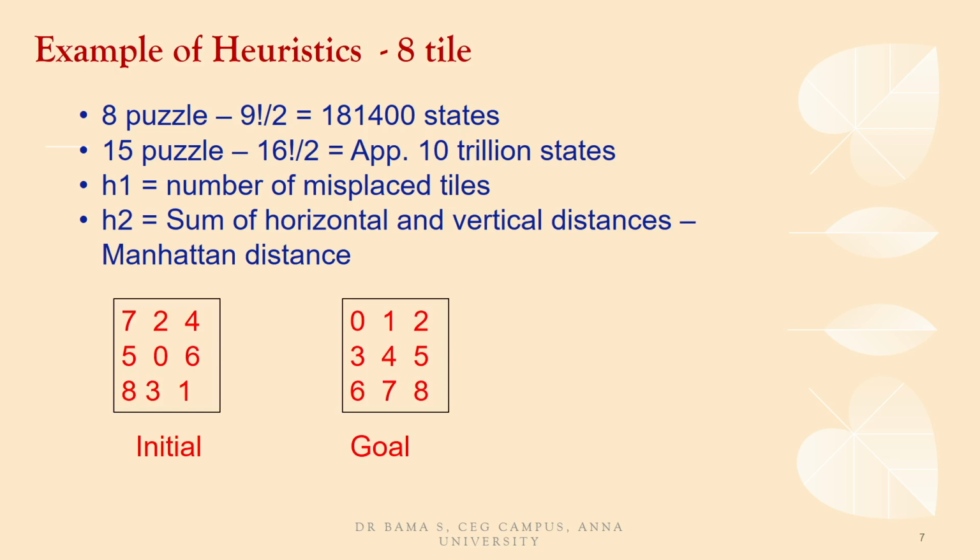Now, another example of heuristics is the 8 tile puzzle we saw in the first class, where there is a 3 by 3 matrix of numbers. The goal is that the numbers should be arranged sequentially like 1, 2, 3, 4, 5, 6, 7, 8, and we have to move the numbers in horizontal or vertical directions.